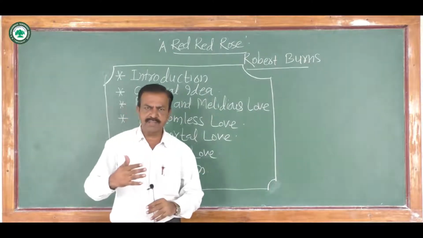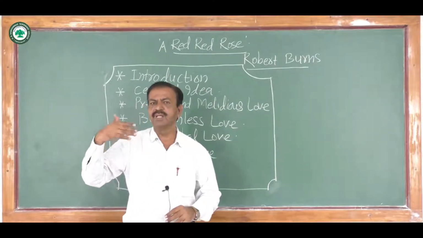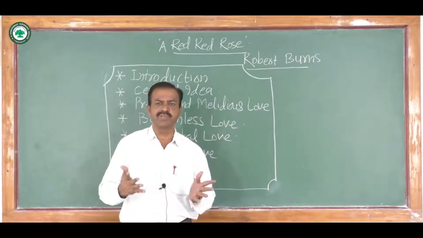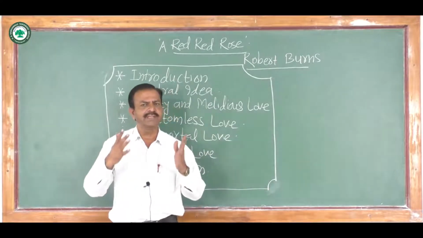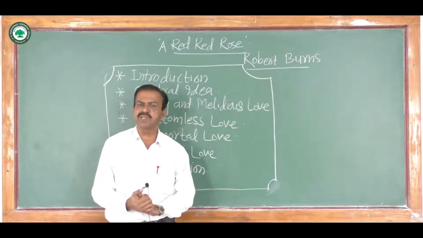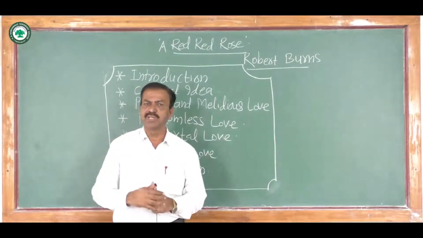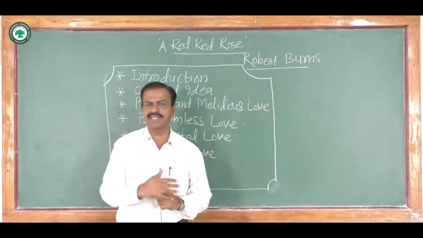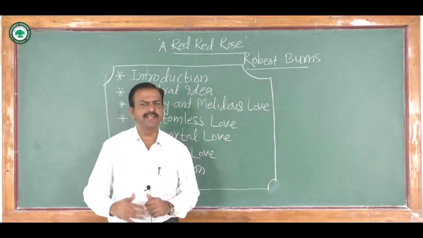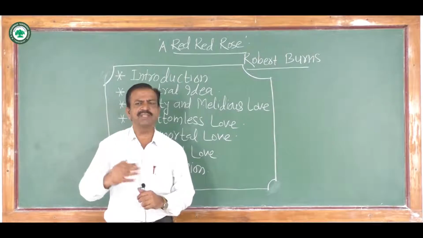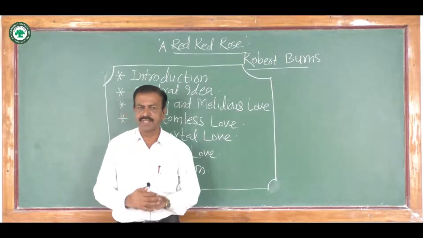His works make him a universal poet, though he is called the national poet of Scotland. He becomes a universal poet due to his simplicity, due to his handling of universal subjects.